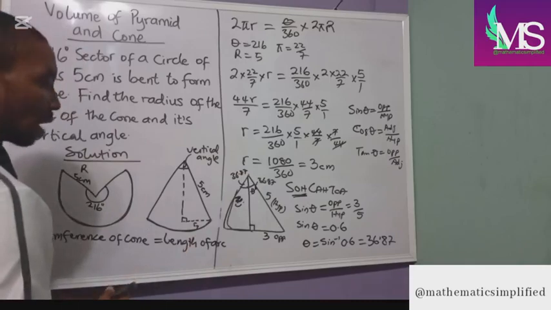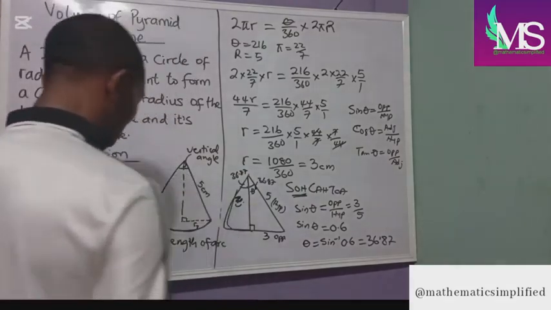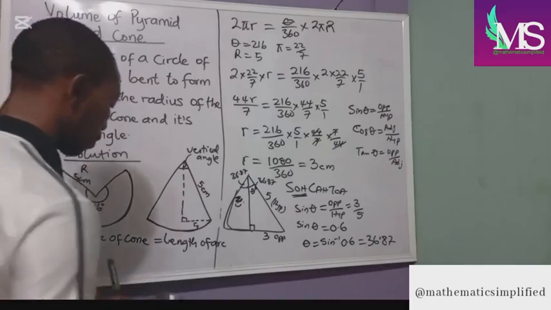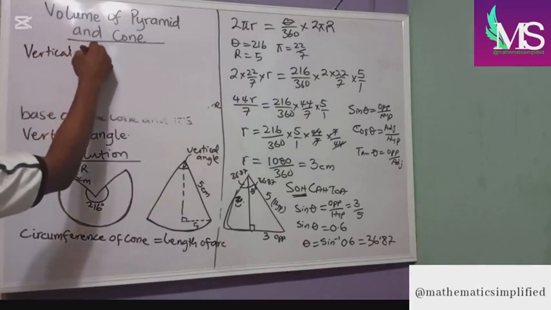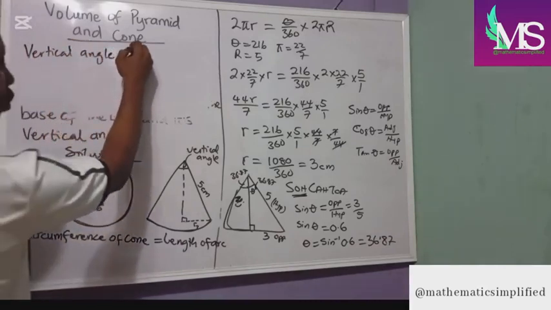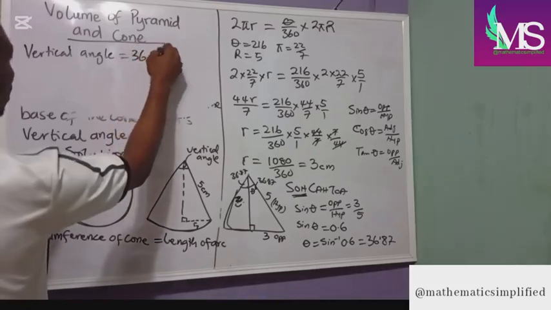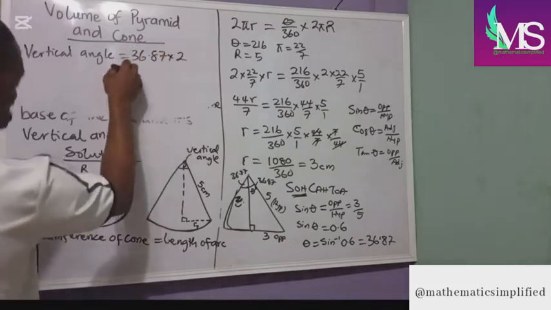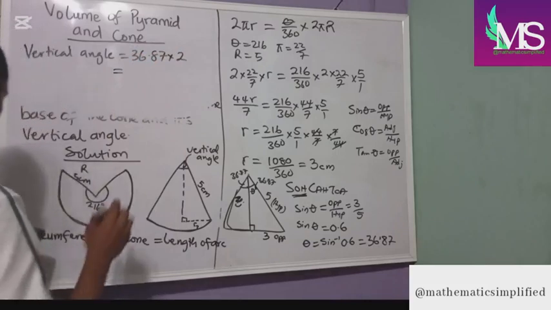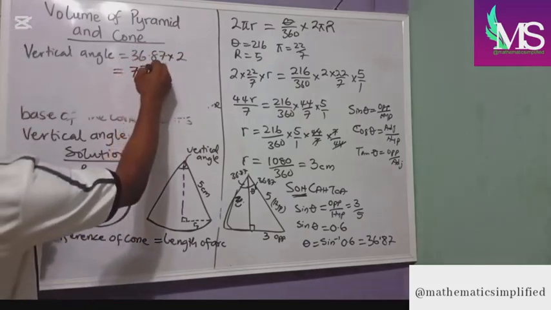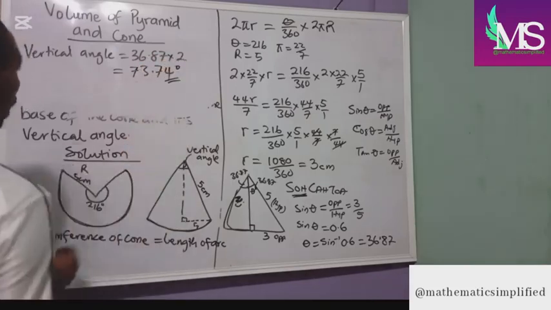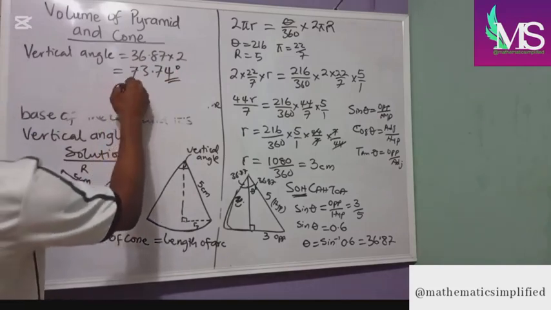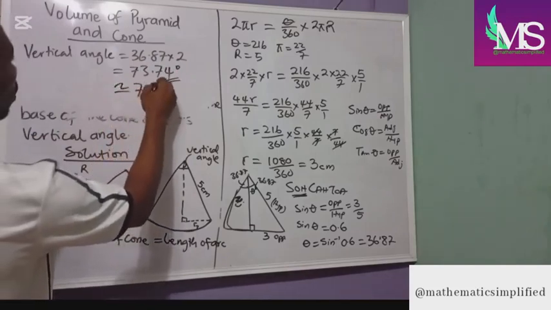So our vertical angle will be equal to 36.87 times 2, which will give us 73.74 degrees. Now if it's to the nearest degree, this will give us 74 degrees.